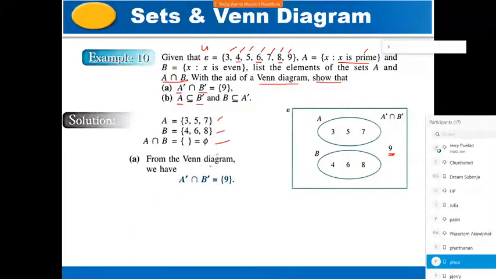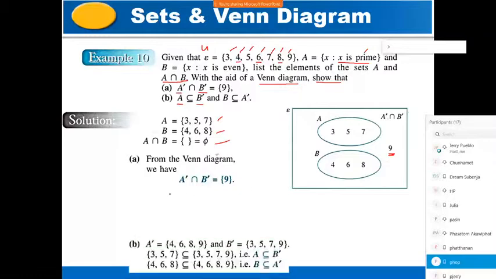Okay, next. From the Venn diagram, A complement intersect B complement is equal to the set with element 9.